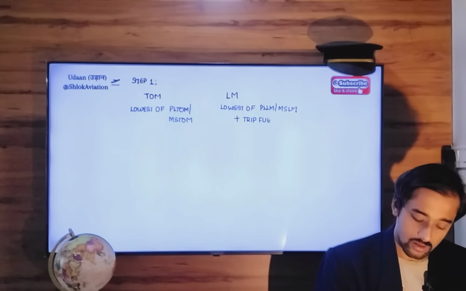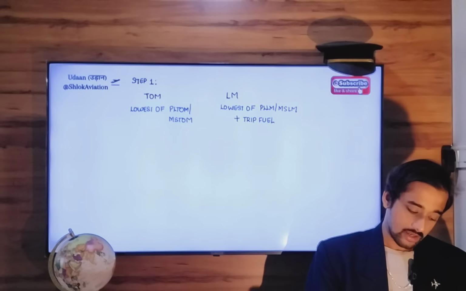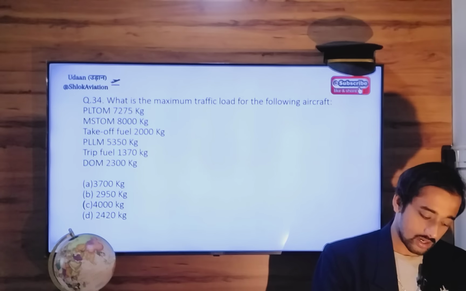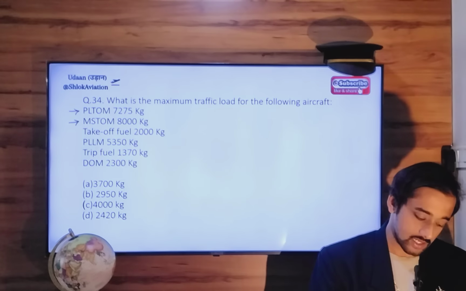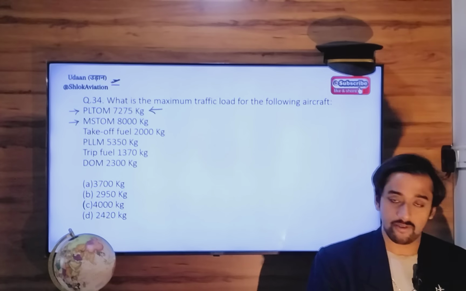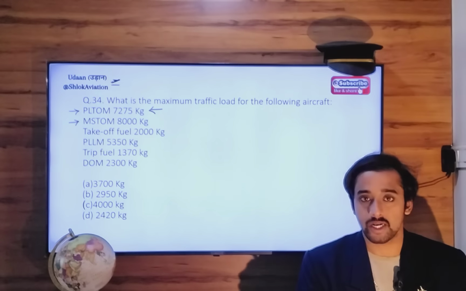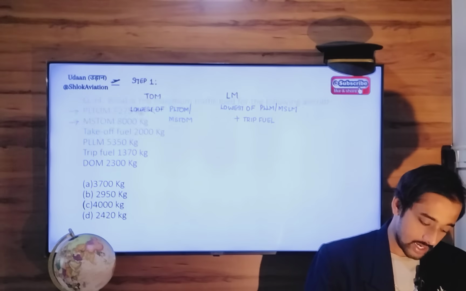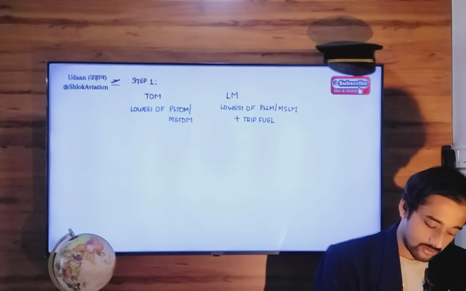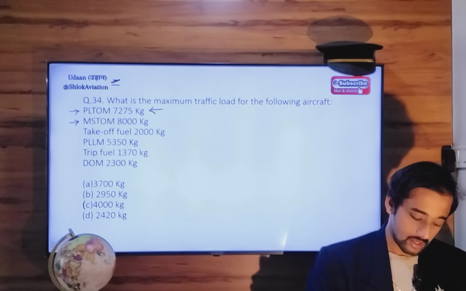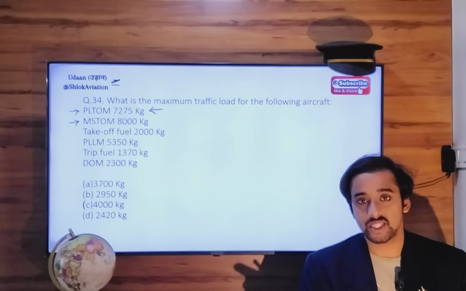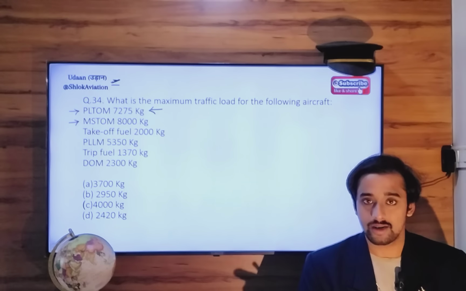Okay. So now the value which is lower in case of performance limited takeoff mass and maximum structural takeoff mass is 7275, which belongs to performance limited takeoff mass. So let's write down here 7275, and in the landing mass column we have only been given performance limited landing mass, so we have to go with that.